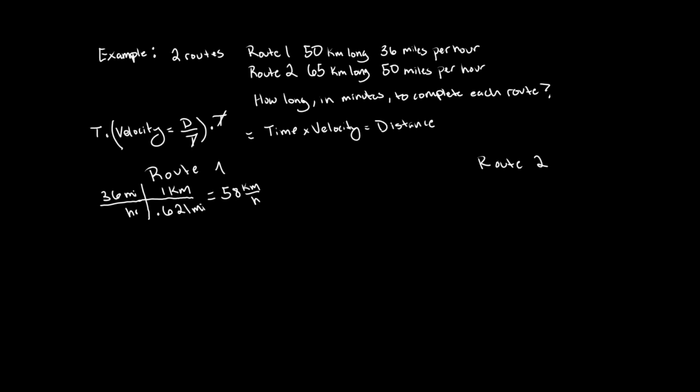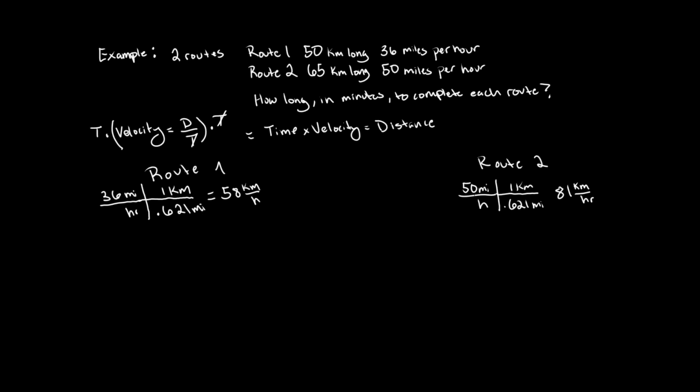Now over here we have 50 miles per hour, and we're going to do the same operation. We're going to do 0.621 miles is 1 kilometer, and that's going to bring us to 81 kilometers per hour.